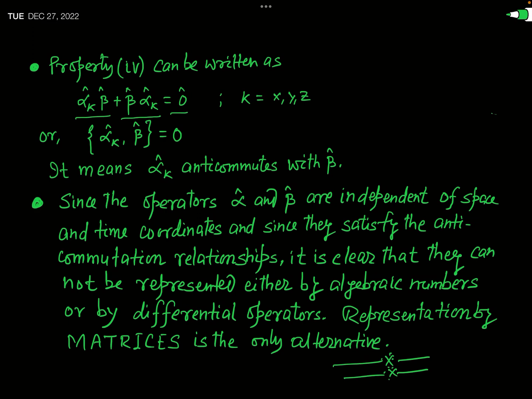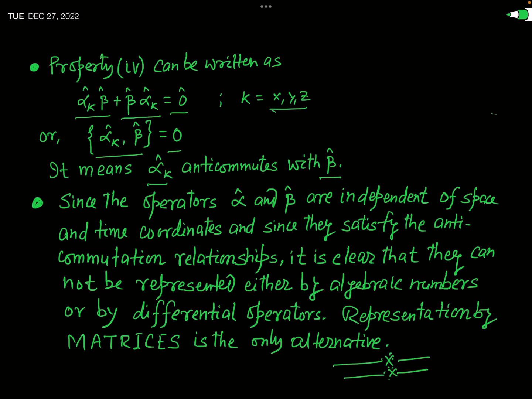Or you can say that the anti-commutator of alpha k with beta is equal to 0. It means alpha k, here k is equal to x, y, z or 1, 2, 3. So you can say that this alpha k also anti-commutes with beta. This does not commute with beta, okay, but anti-commutes.